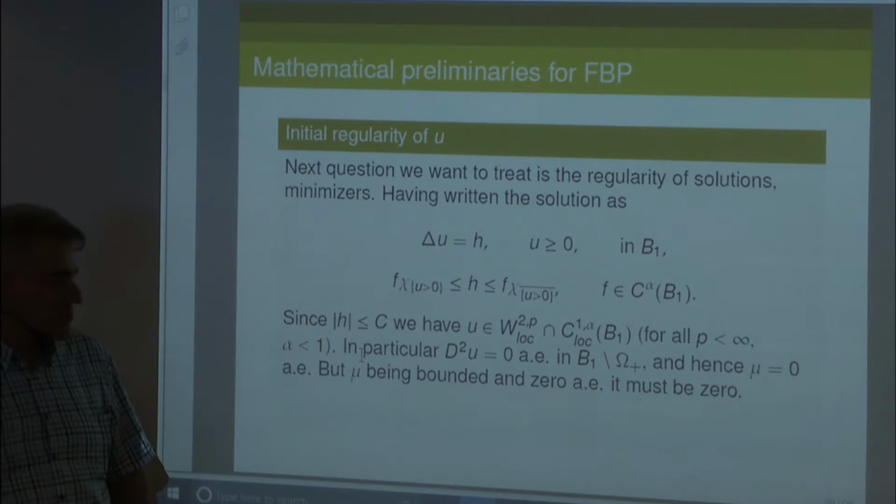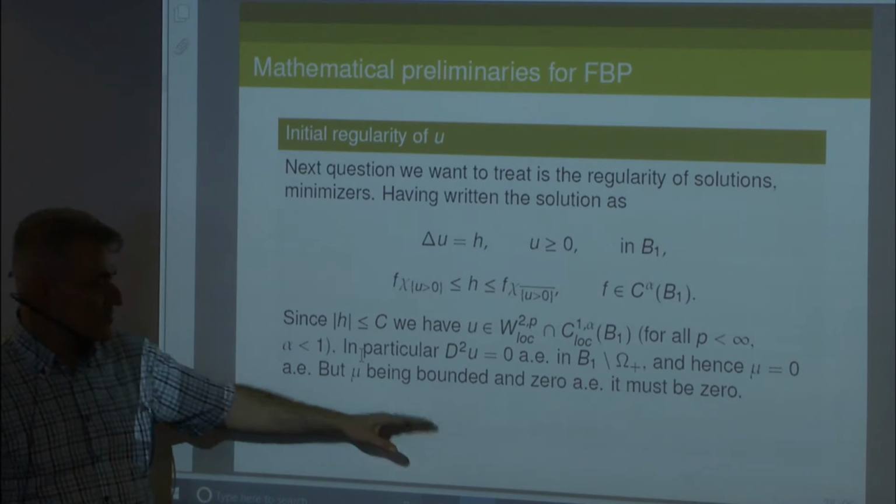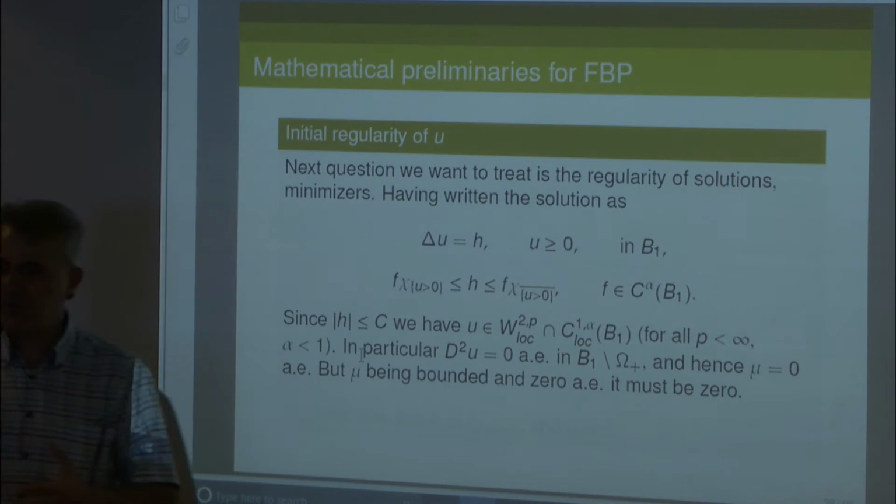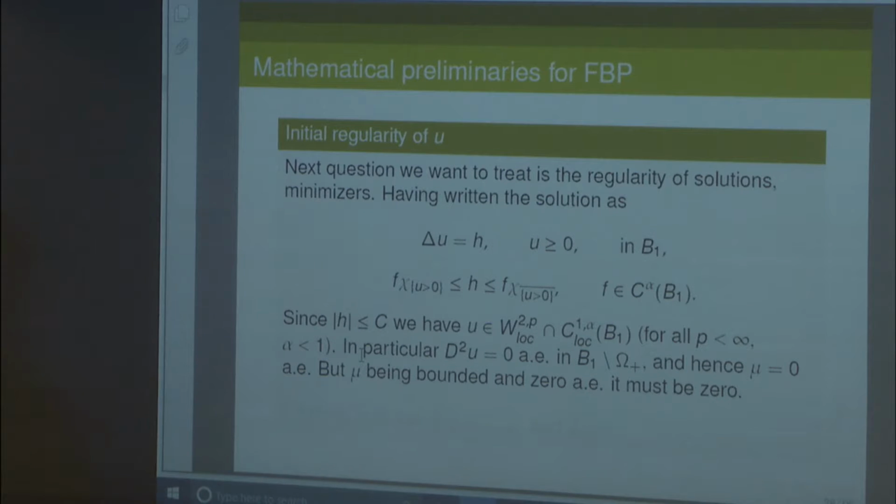So the measure is 0 almost everywhere, but mu is also bounded. Think in terms of measure theory: a measure which is 0 almost everywhere, and it's also bounded. A measure is represented by something times a characteristic function, and that something is bounded.